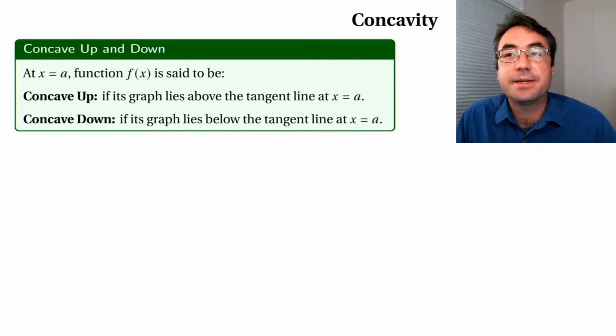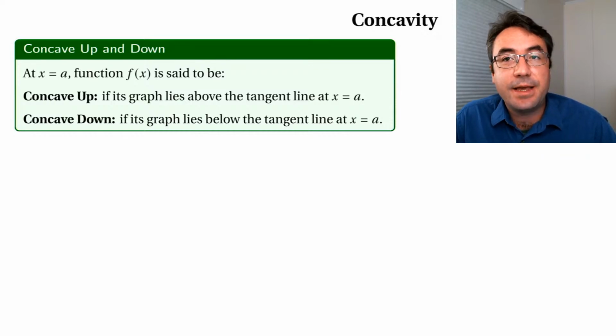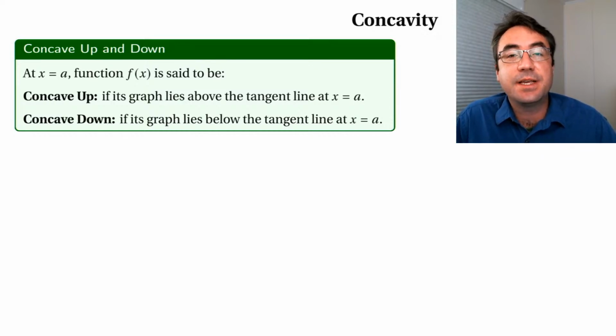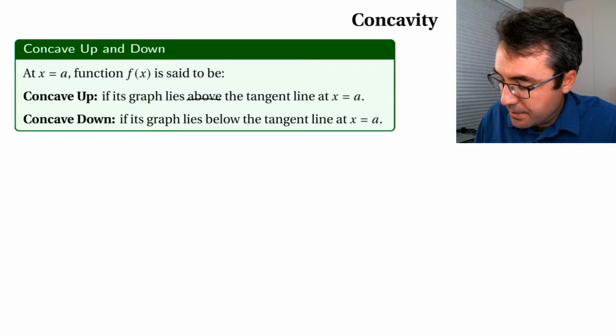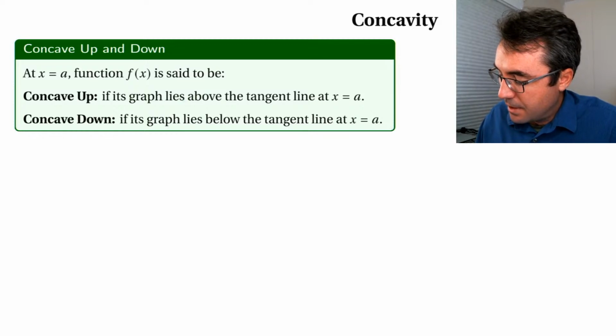We say that at x equals a, our function f of x is said to be concave up if the graph of f of x lies above the tangent line at x equals a, and we say the function is concave down if its graph lies below the tangent line at x equals a. So the key words here are above and below.